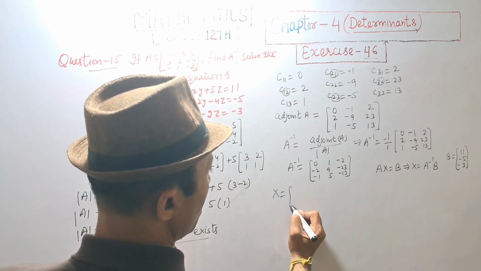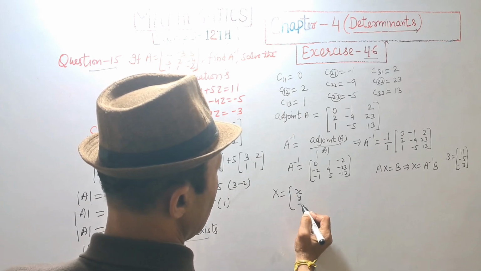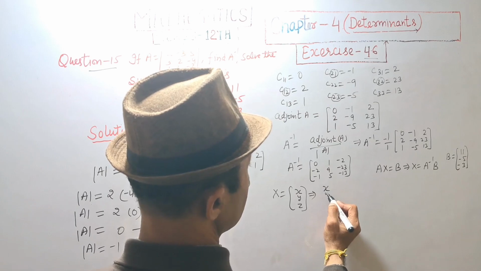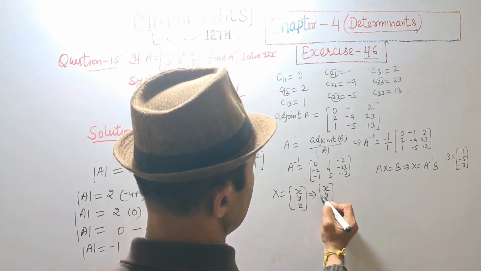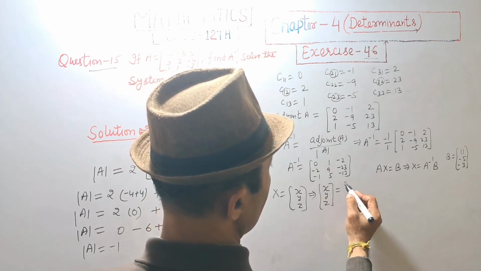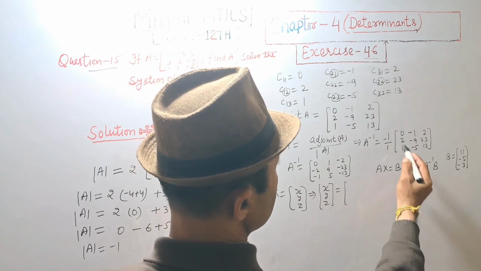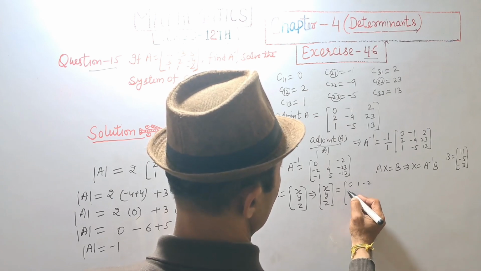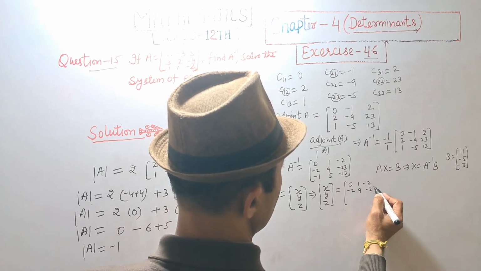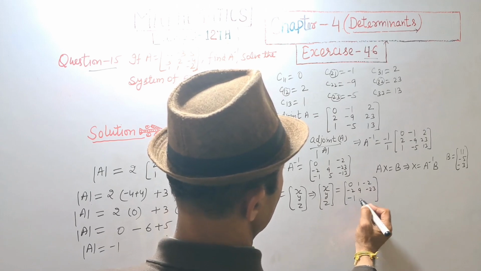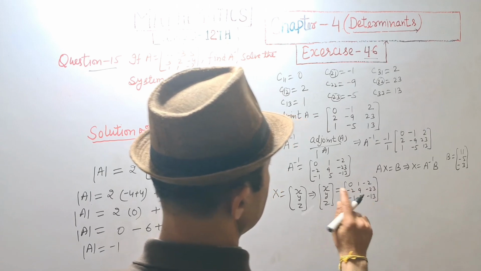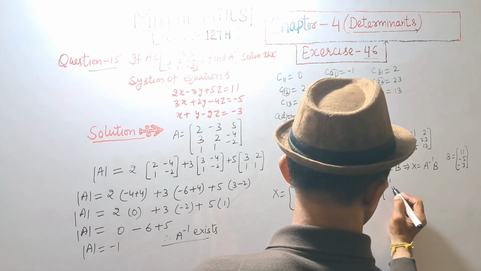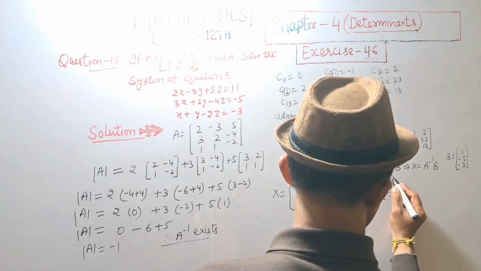X is equal to the column x, y, z. This implies x, y, z is equal to A inverse, that is 0, 1, -2; -2, 9, -23; -1, 5, -13, multiplied by b, which is 11, -5, -3.